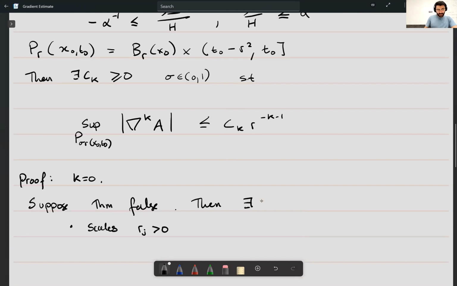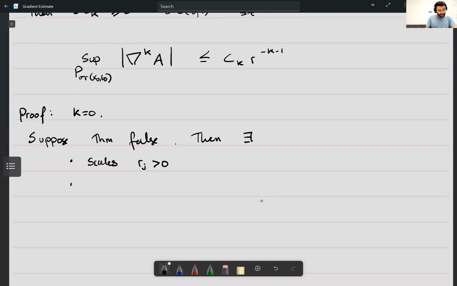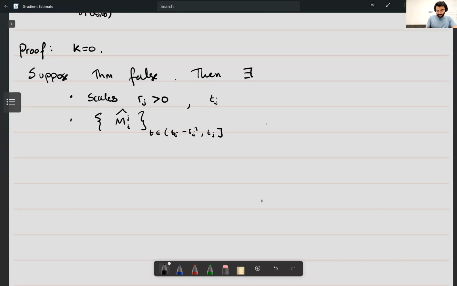So a bunch of scales rj greater than 0, a sequence of properly embedded mean curvature flows M hat j, t, where t is in tj minus rj squared, tj, such that this is mean convex.